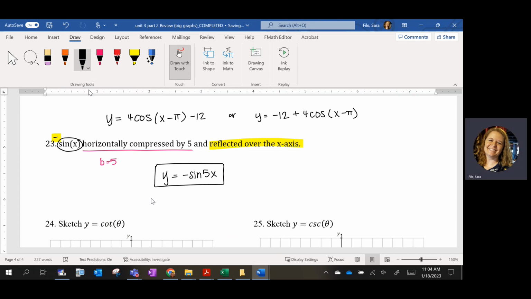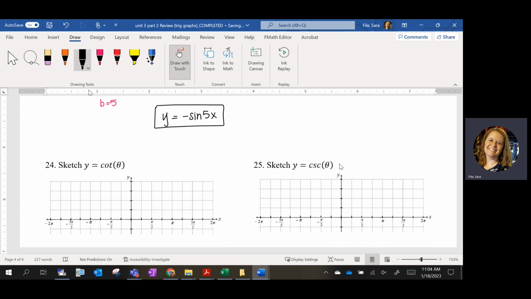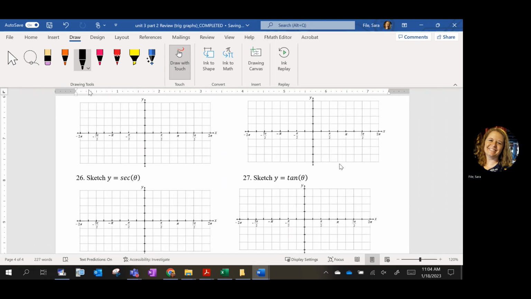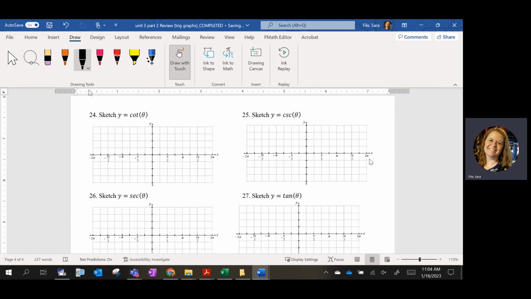All right, so the last part of this review is sketching the other trig functions, the ones that are not the sinusoidal wave. This is tangent and cotangent, cosecant and secant. I'm going to go in the order that we learned them in and start with cosecant.